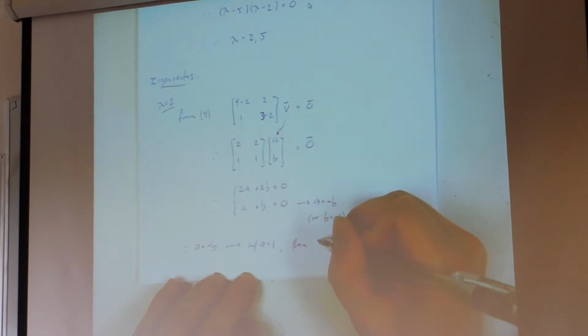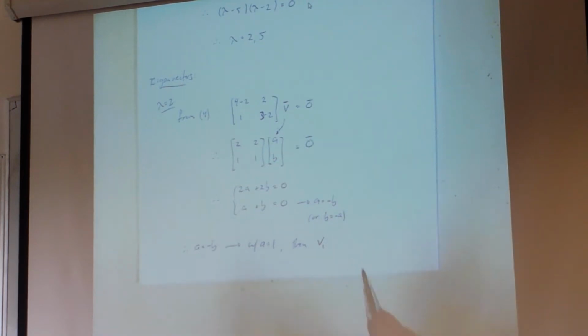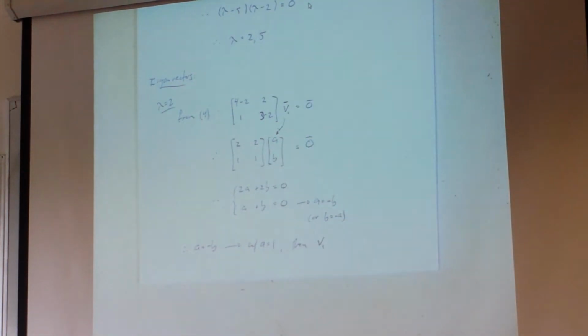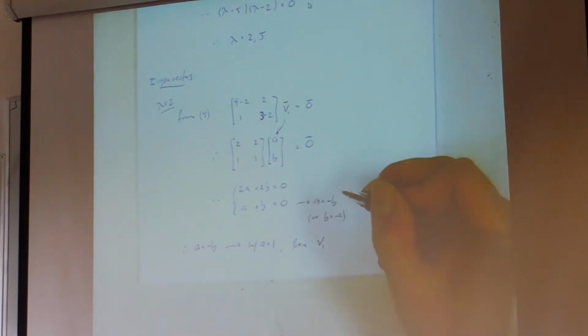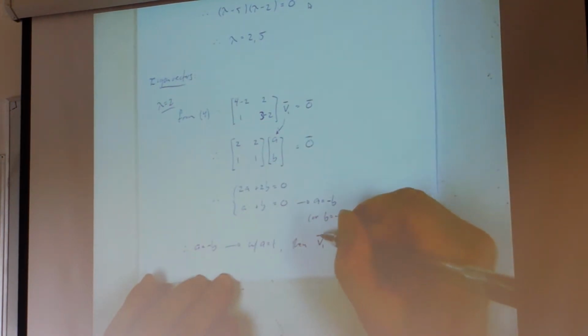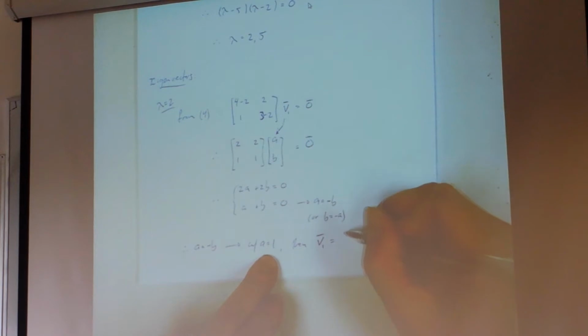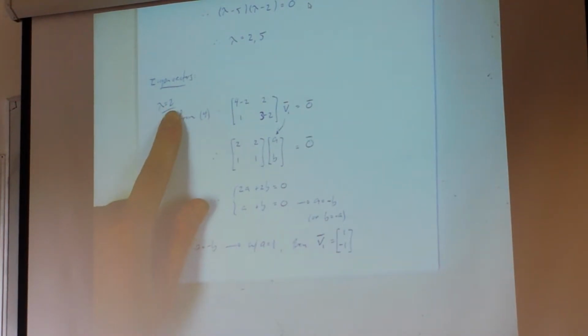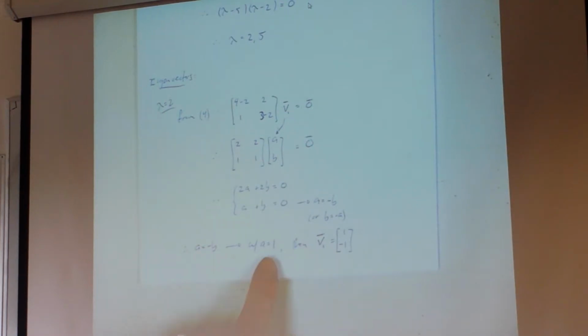Then this eigenvector, I'll call it V sub 1 here, because we're going to have another one. If I chose A equals 1, then what's B? Negative 1. So that is an eigenvector corresponding to the eigenvalue of 2. Of course, I could have chosen 2 for A, and B would be negative 2.